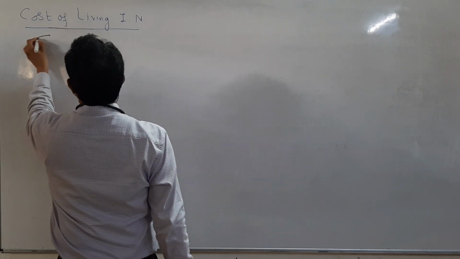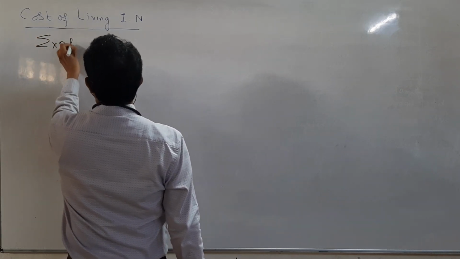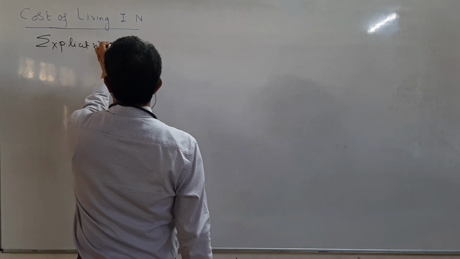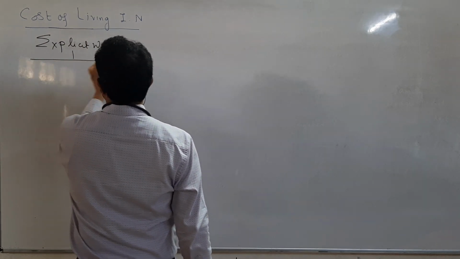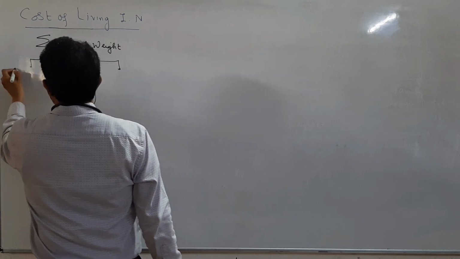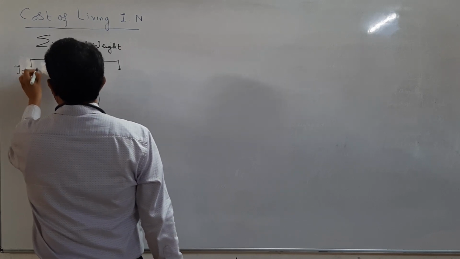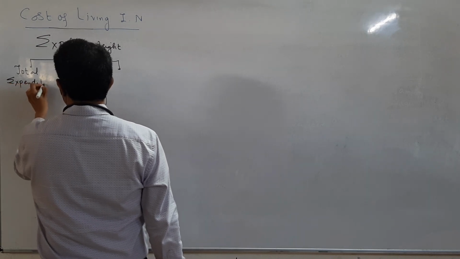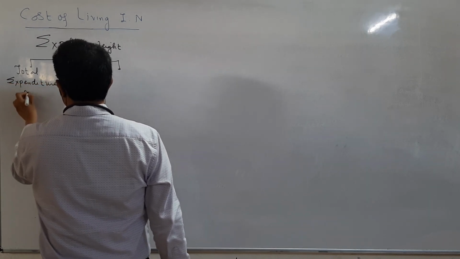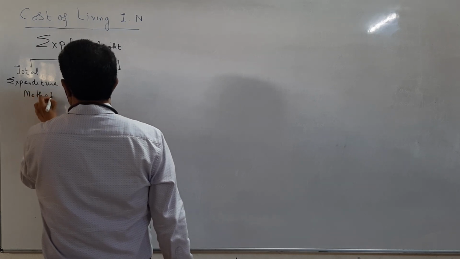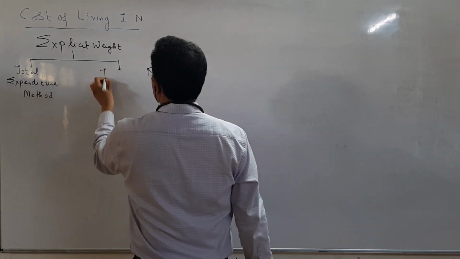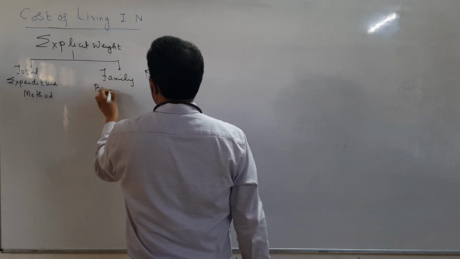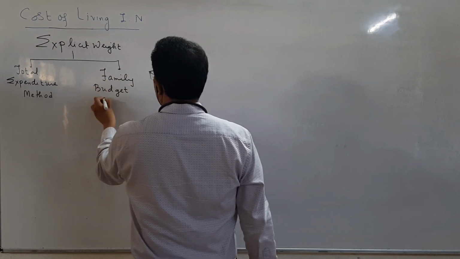So here I am highlighting explicit weight, which is again divided into 2 methods. Total expenditure method, and the other is family budget method.